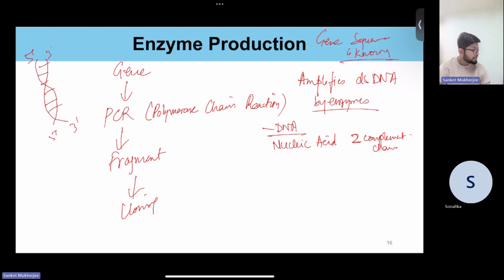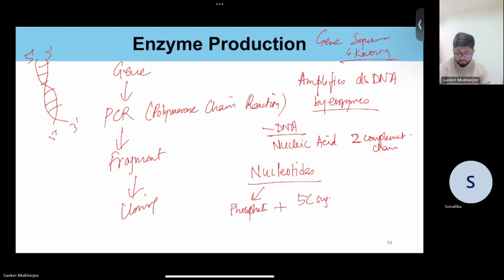This is how a DNA looks like. They are formed of nucleotides, which are the smallest element in a DNA. Nucleotides contain a phosphate group. They have a 5-carbon sugar. In case of DNA, it is a deoxyribose sugar and a nitrogen base, right?